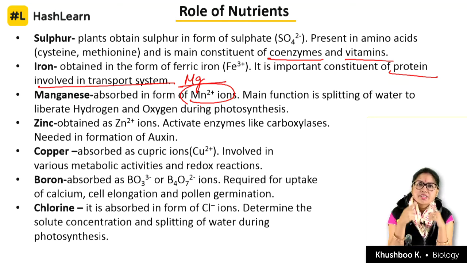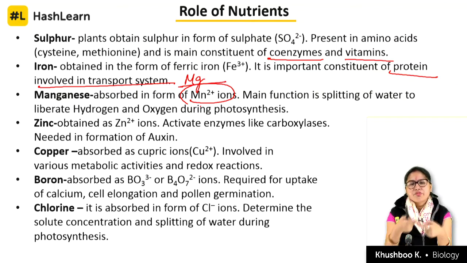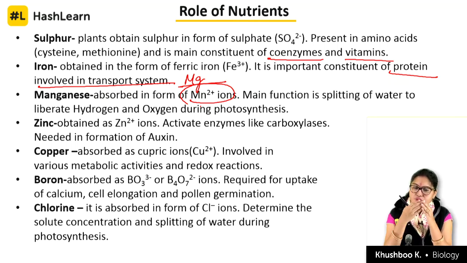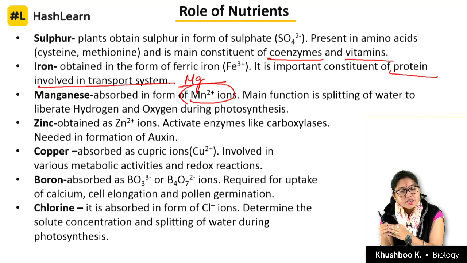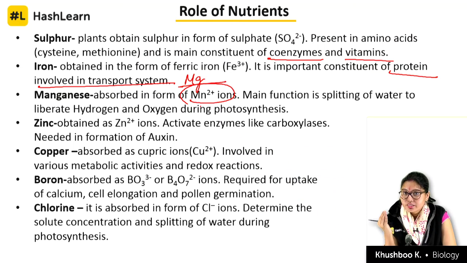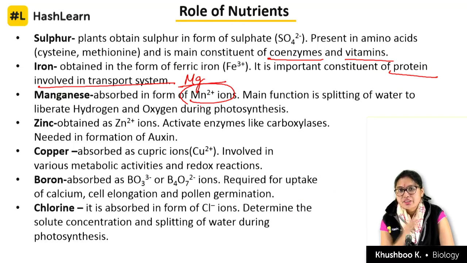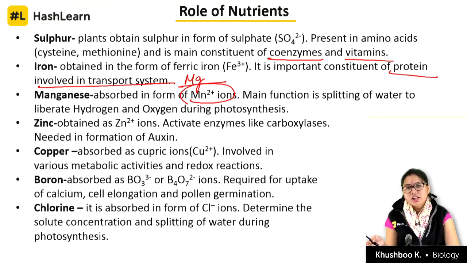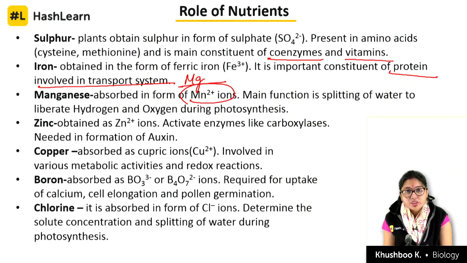Say for example, if I say deficiency of magnesium, so obviously it will impact the chlorophyll synthesis, so the leaves will start becoming yellow. ठीक है, so if you remember the roles correctly, it has to be the same correlation with the deficiency disease, and that's why you will remember the deficiency diseases which we are going to discuss in the next class more easily if you learn the functions of the nutrients in first place.